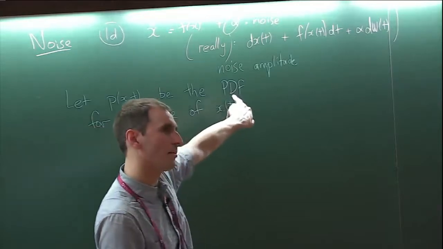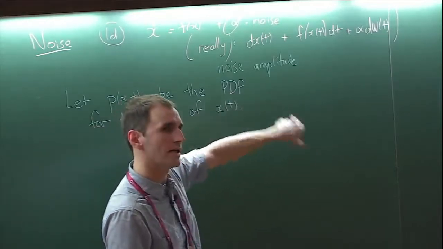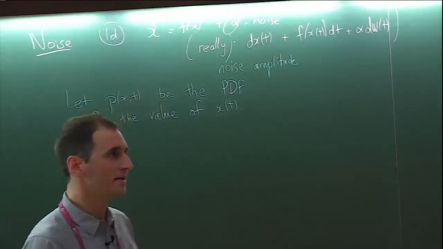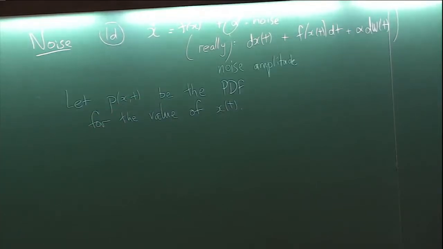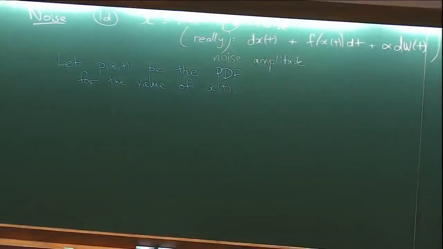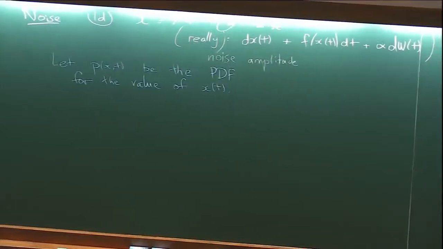If you haven't encountered probability density functions before in dynamical systems, you probably did somewhere in statistics. The probability density function for a normal distribution, or a Gaussian, looks like that.